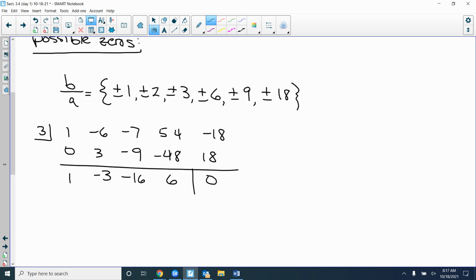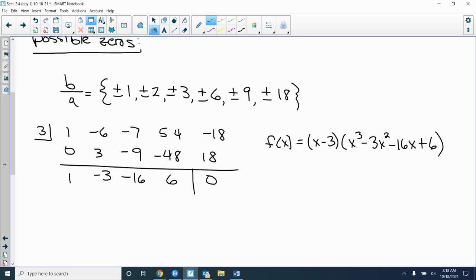That's good. So that means f of x is equal to, so 3 is a 0. What's a root? x, or what's a factor? x minus 3. Now, what does it multiply by? It multiplies by x cubed minus 3x squared minus 16x plus 6.